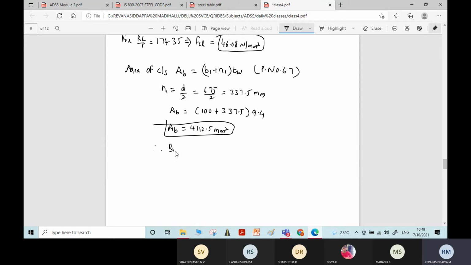Therefore, buckling resistance is equal to stress multiplied by area.